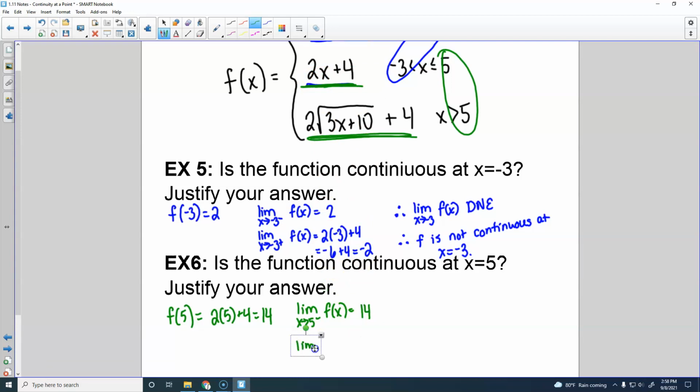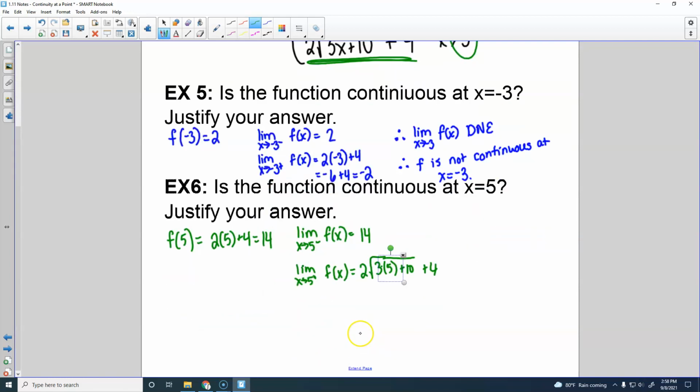I've got to do the limit as x approaches 5 from the right of f of x, 2 times the square root of 3x plus 4. Let me plug in for that x there: 3 times 5 plus 10 plus 4.